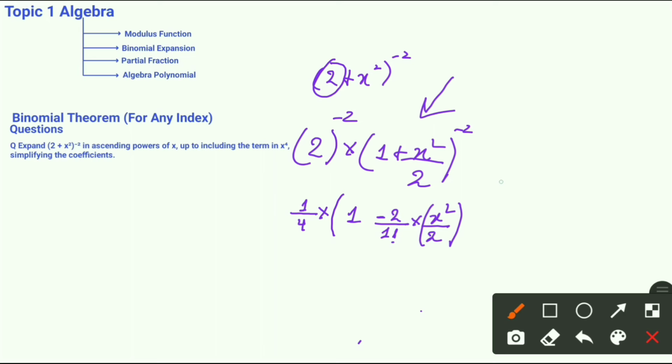Then the second term, nC2, would be n multiplied by (n minus 1) upon 2 factorial, and n would be minus 2. So minus 2 multiplied by minus 3 upon 2 factorial, and minus 2 multiplied by minus 3 would be 6. So 6 upon 2 factorial multiplied by (x squared upon 2) squared, which gives x to the power 4. Okay, and there you go, we have found the term of x to the power 4 right here.